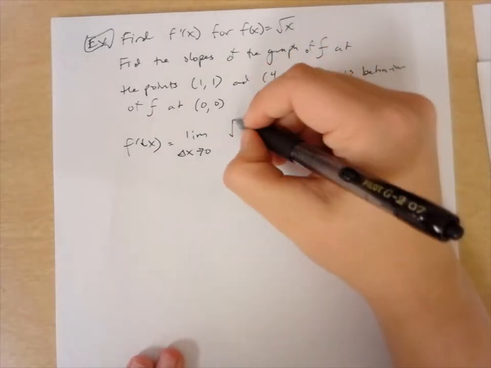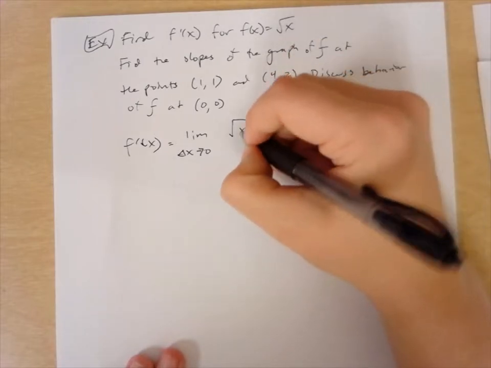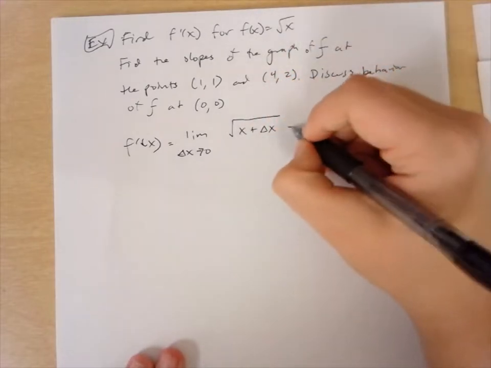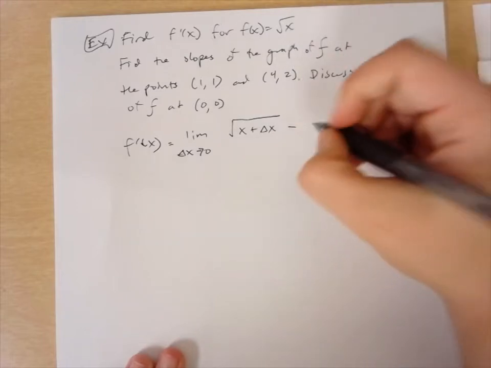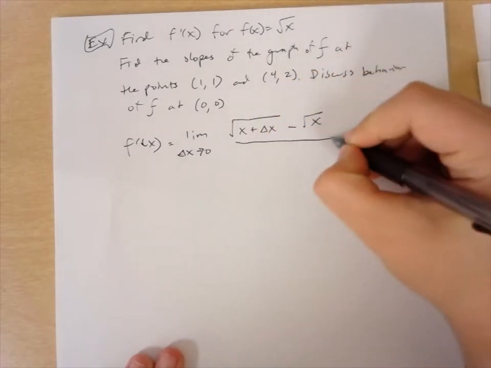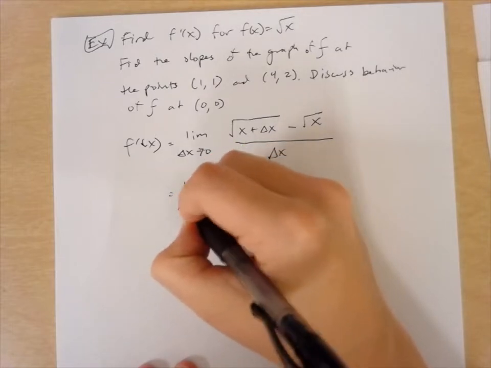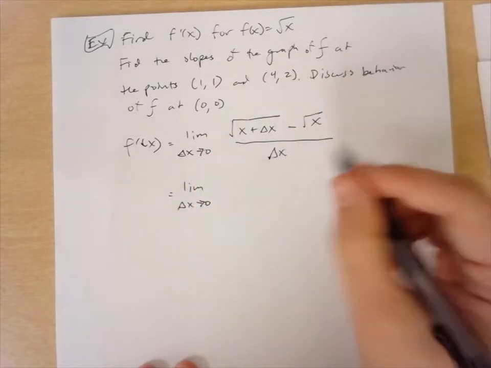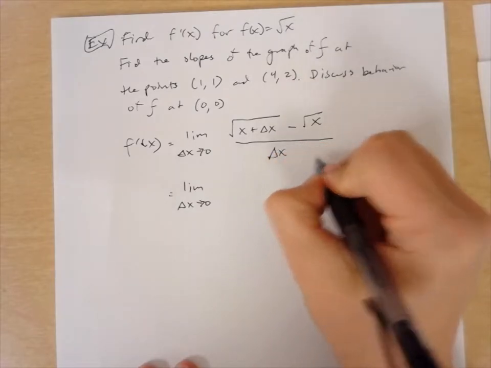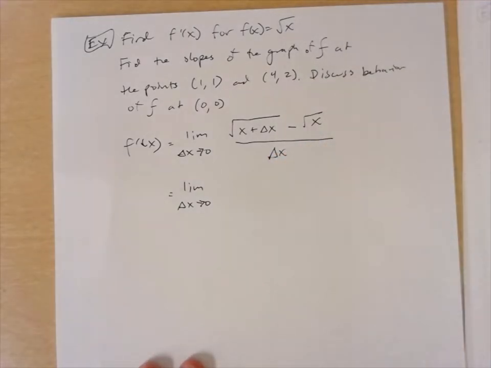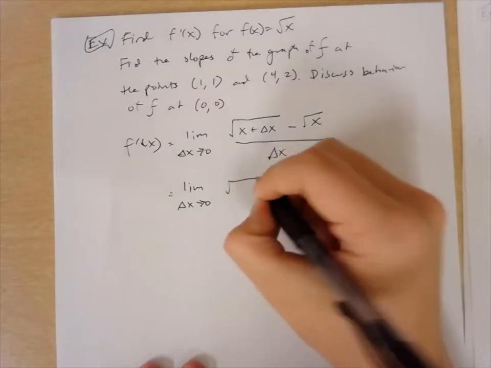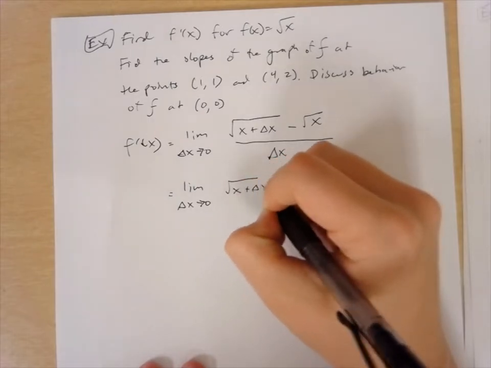So we're going to have radical x plus change of x, and then we have minus regular f of x all over change of x. So we get the limit as change of x approaches 0, and we're left with our original thing, x plus change of x.